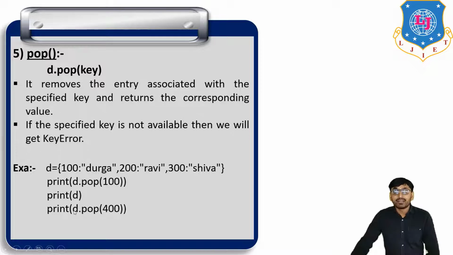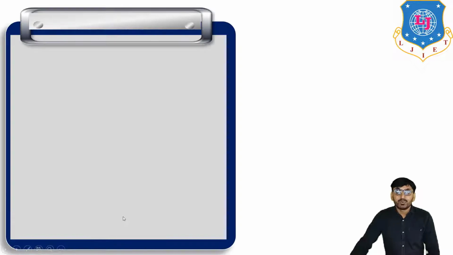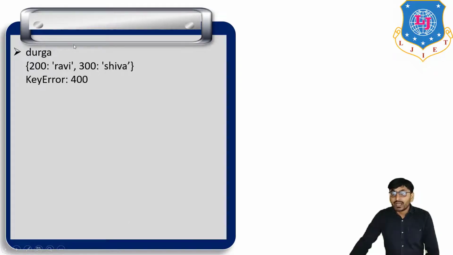And then print d dot pop 400. So 400 is not present in the dictionary. So we get key error. Okay. So the answers corresponding to these three: first answer, Durga, because the value corresponding to 100 is Durga, and this 100 and Durga is removed from the dictionary.